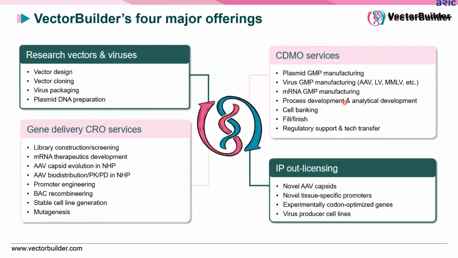These are currently our 4 major business segments: research vectors and viruses; CRO services that can help optimize vectors or do screening and evolution of these vectors; CDMO services that include plasmid, viral vector, or mRNA manufacturing; and of course, IP out-licensing. VectorBuilder is internally working on a lot of R&D projects so that hopefully we can get more new and novel capsids or promoters that we can share and sell to different customers.